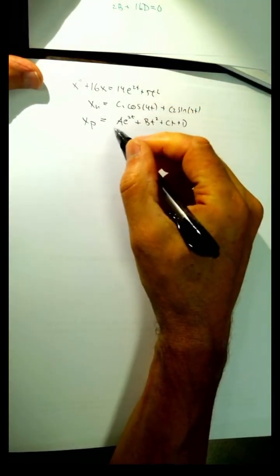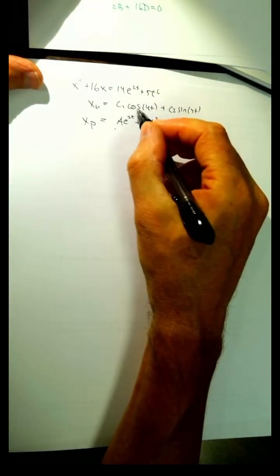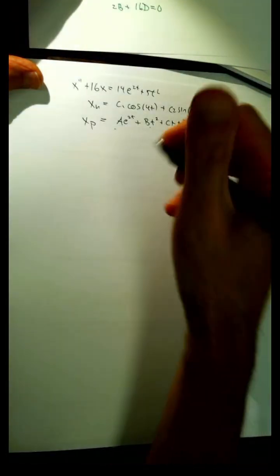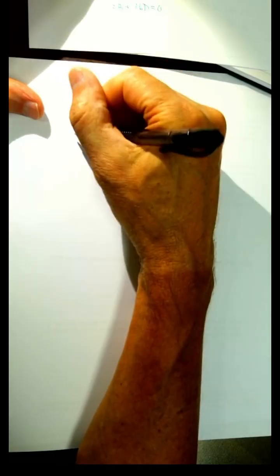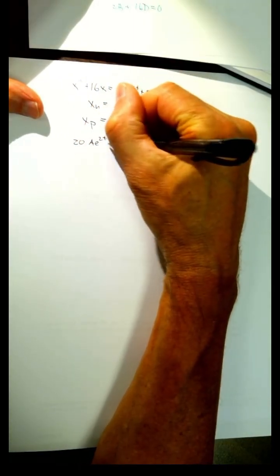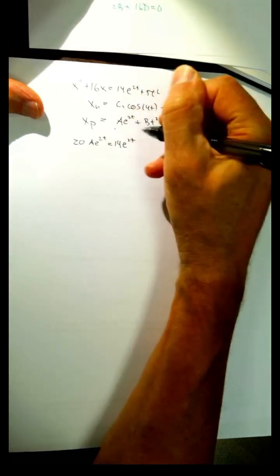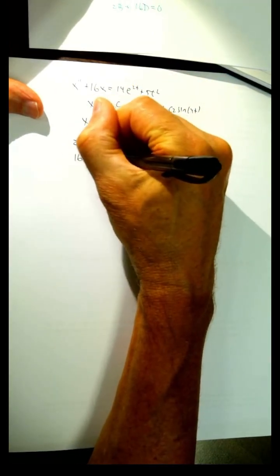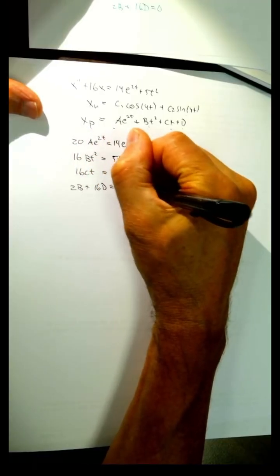And note, none of these terms look like cosine 4t or sine 4t. So I could just go ahead and plug in, and I got the following equations. 20a e to the 2t is 14e to the 2t. 16bt squared is 5t squared. 16ct is 0t. And 2b plus 16d is 0.